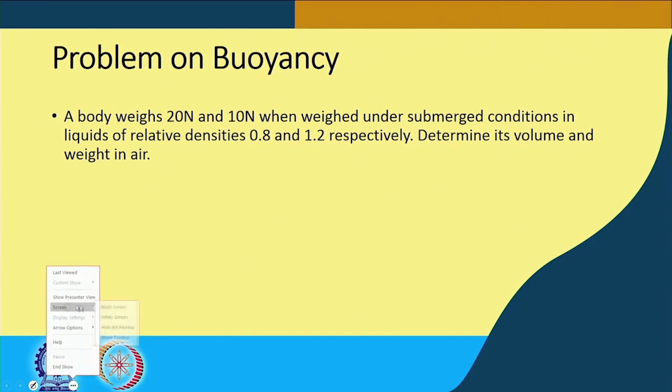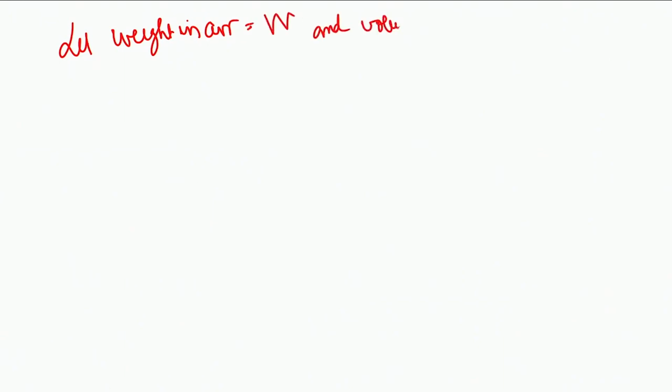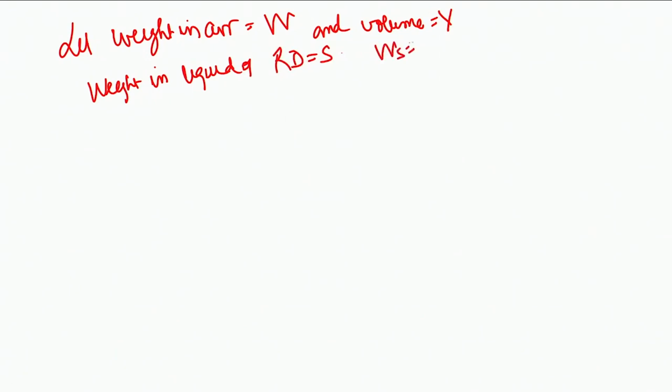Now I will select the white screen. So let weight in air be W and volume be V. Weight in liquid of relative density S, Ws is equal to W minus gamma S V. Okay.